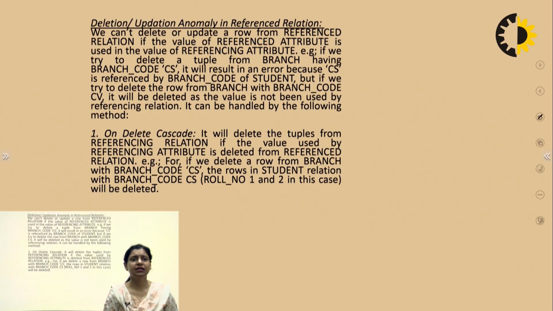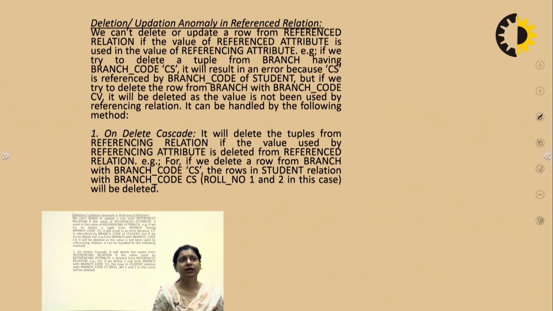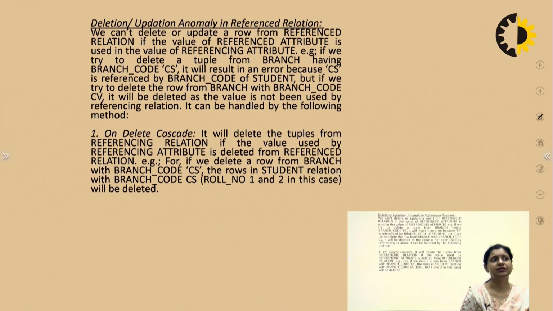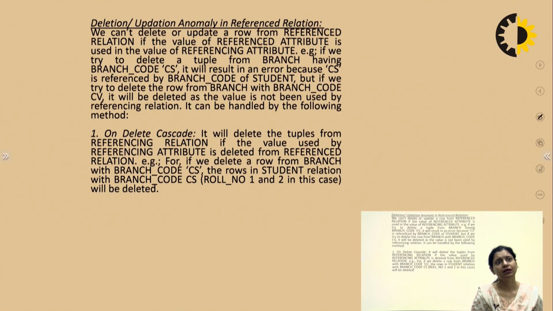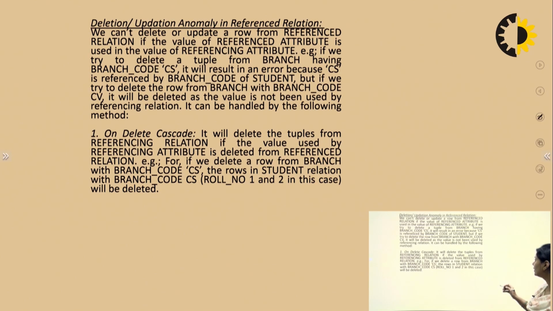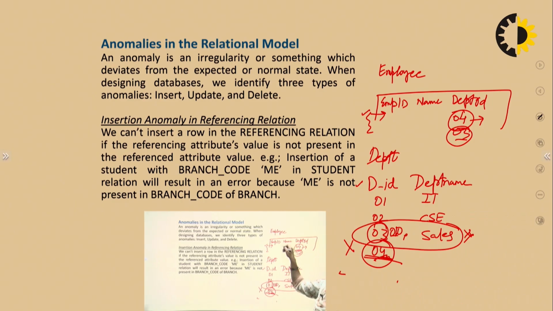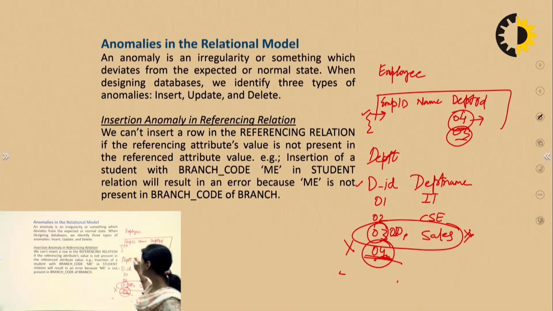So that is the deletion or updation anomaly. Let's read it: we cannot delete or update a row from the referenced relation if the value of the referenced attribute is used in the value of the referencing attribute. If there are records with this particular value here, I cannot delete the record from here.